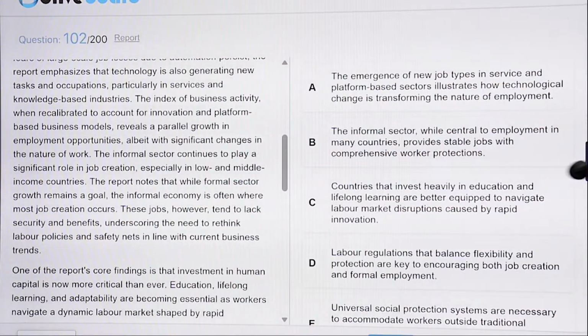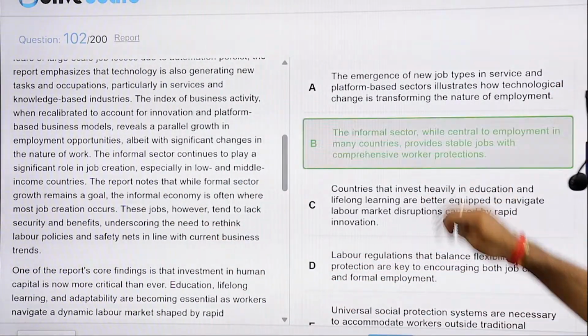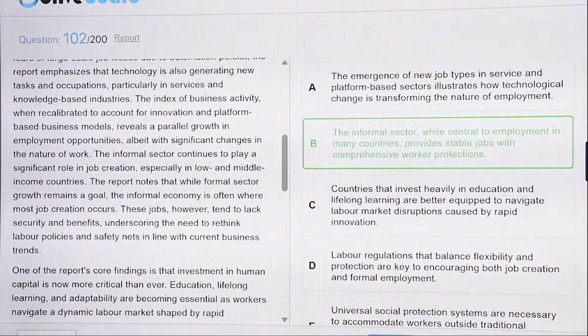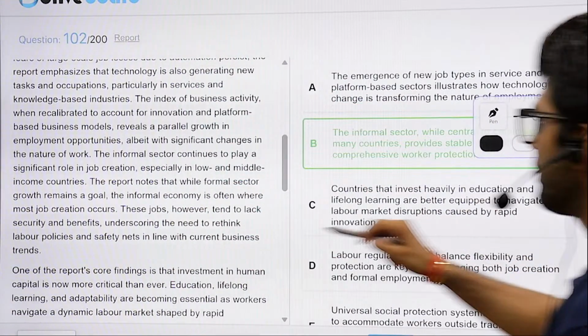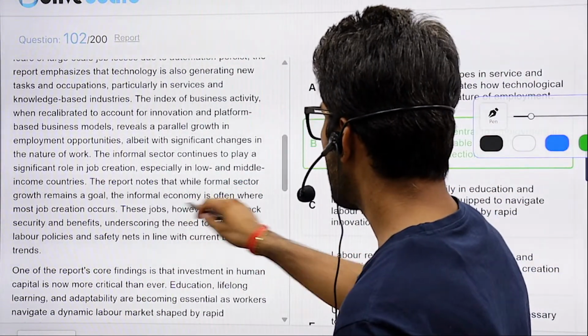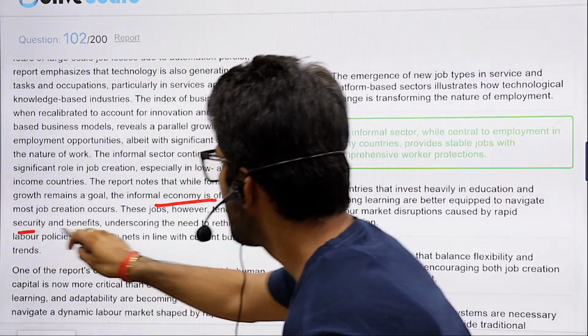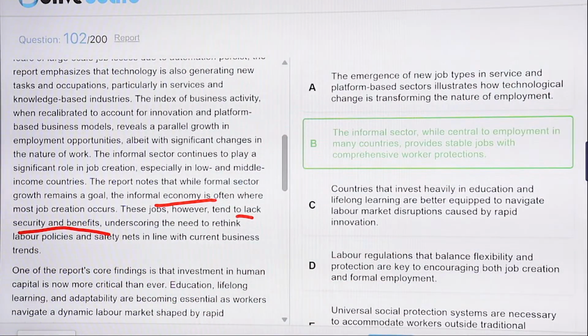They need to rethink about this. Informal sector, central because it creates more jobs, provides stable jobs. No, it has to be that it lacks security. The informal economy lacks security and benefits, highlighting the need to rethink this. So it doesn't provide that.